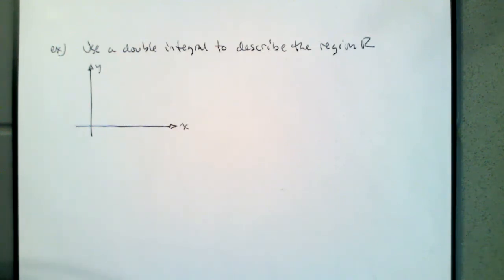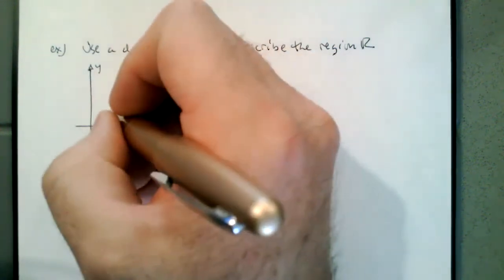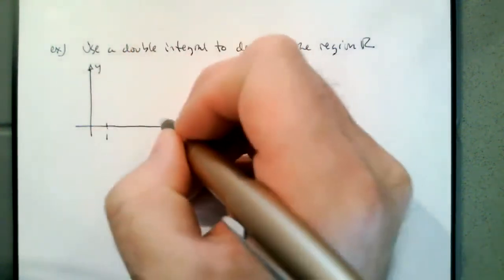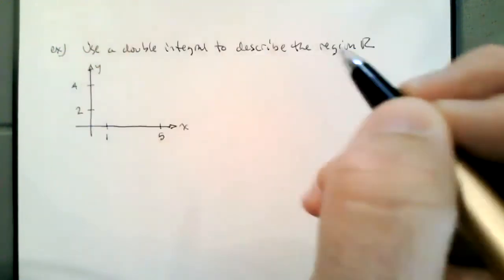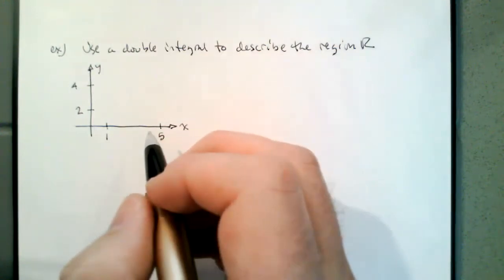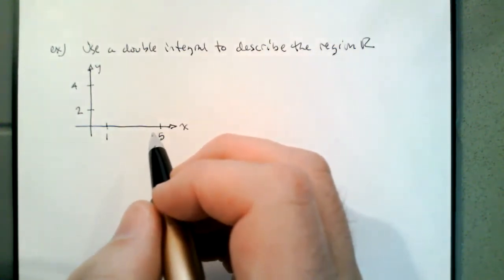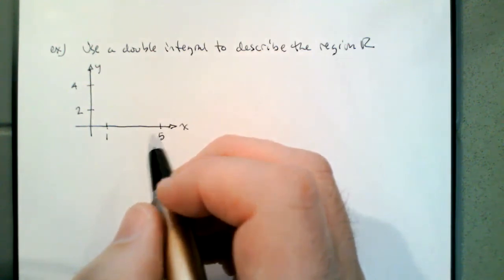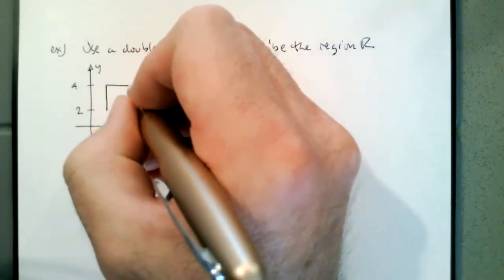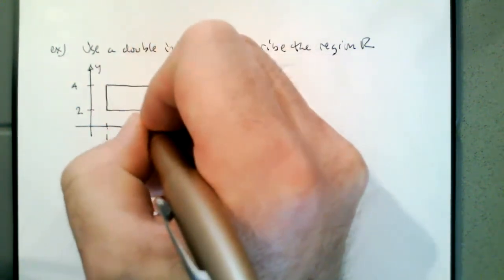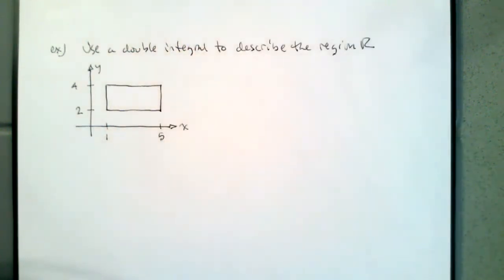We're focused on describing the region in the XY plane, and the function is going to be sitting above this. So let's say we have a rectangle that goes from 1 to 5 on the X, and then from 2 to 4 on the Y. Let's suppose we have a function sitting above this rectangle in the XY plane.